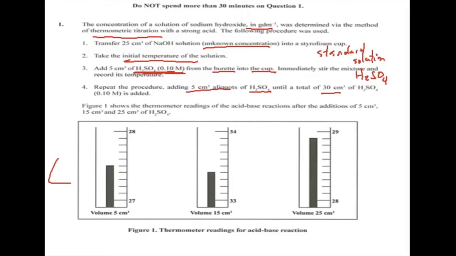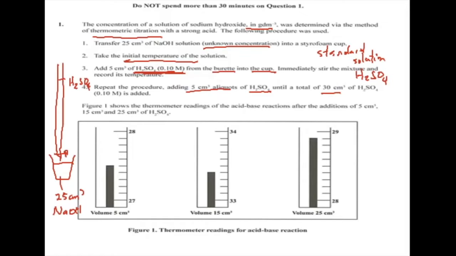We should be thinking about a styrofoam cup, and in the styrofoam cup we would have added 25 cm cube of sodium hydroxide, and then from the burette, release our standard solution.